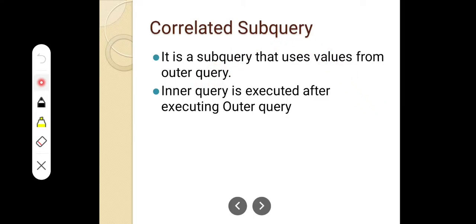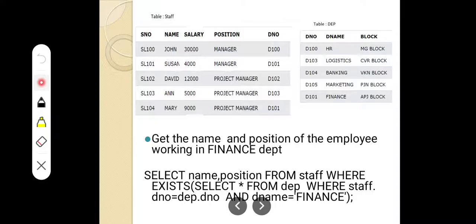So the inner and outer query will be executed multiple times. That is called a correlated subquery. The outer query is executed first, and only after that the inner query is executed. Clear?